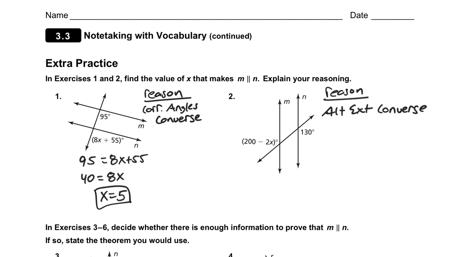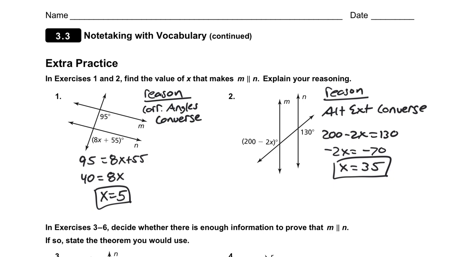For that to work, I need to set up 200 minus 2x equals 130. I'm going to subtract 200 from both sides, get negative 2x equals negative 70. And that gives me x equals 35 when I divide both sides by negative 2.